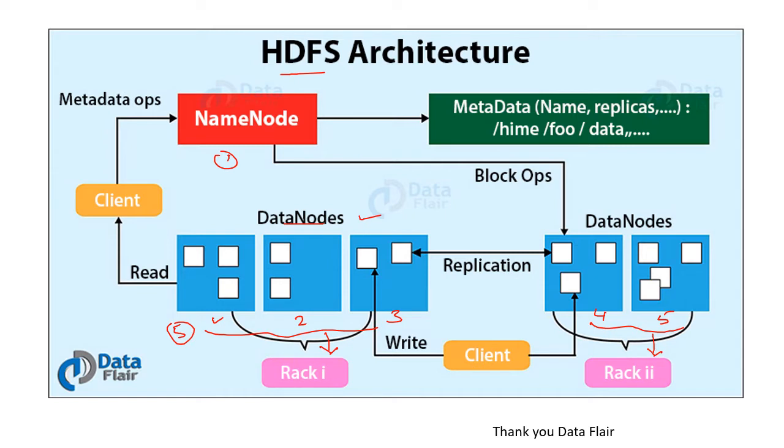Here we have many blocks, block 1, block 2, and so on, and these blocks are otherwise called input splits. The size of blocks is 64 MB and the client reads and writes those blocks with the help of the name node, and the metadata is stored in this name node.